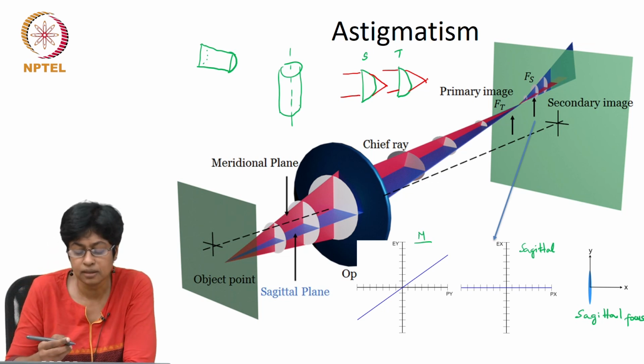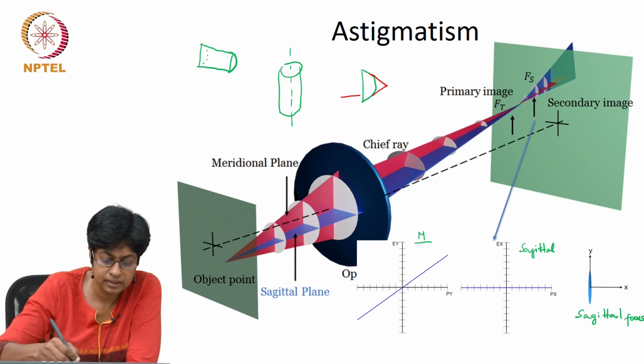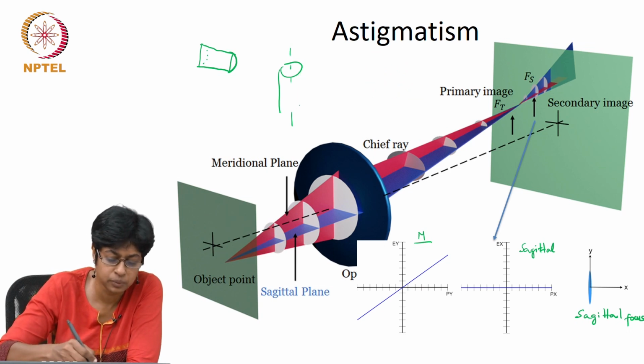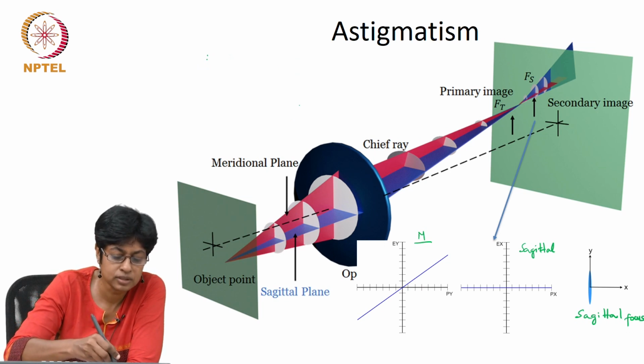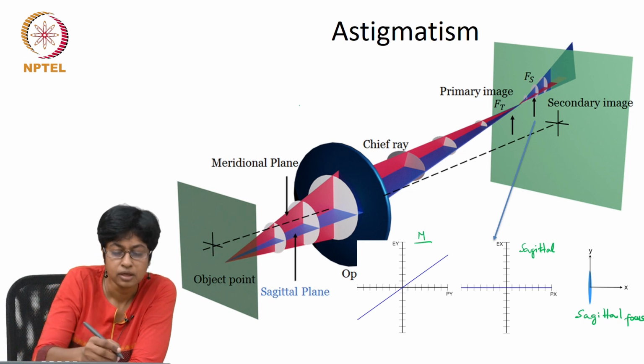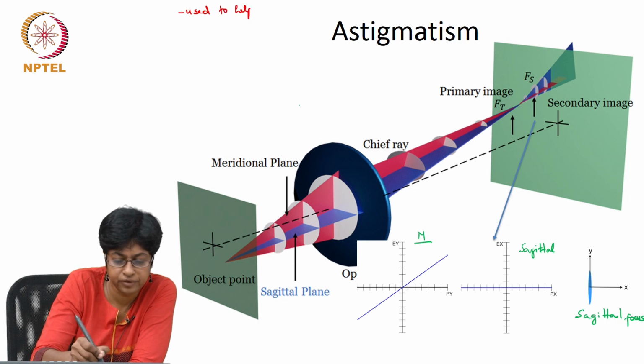One of the common places where this is used is in focusing of a CD system. Okay. So astigmatism can be used to help find the focus.